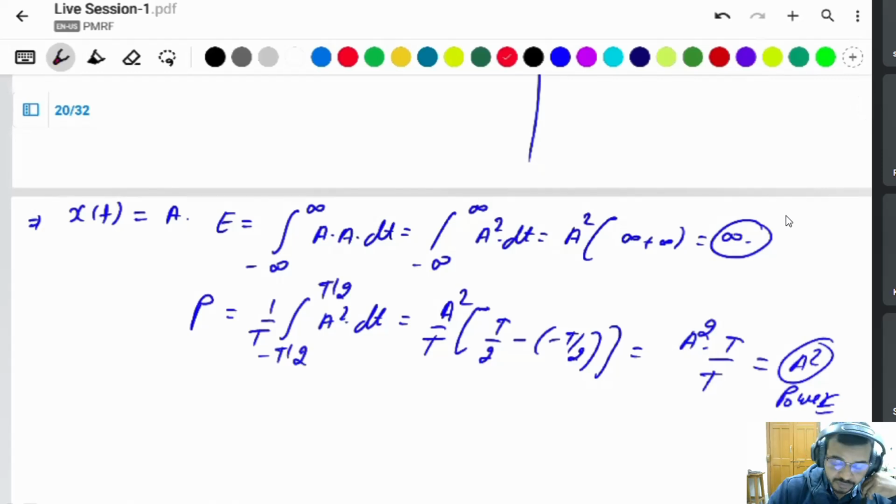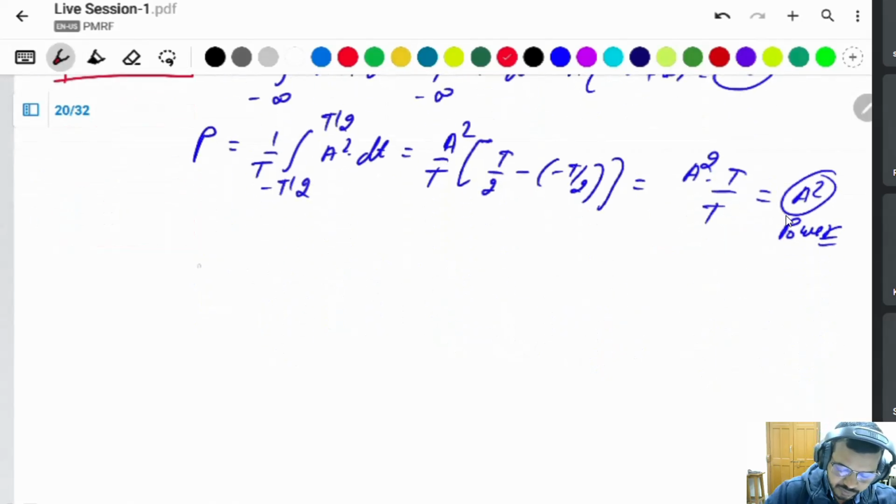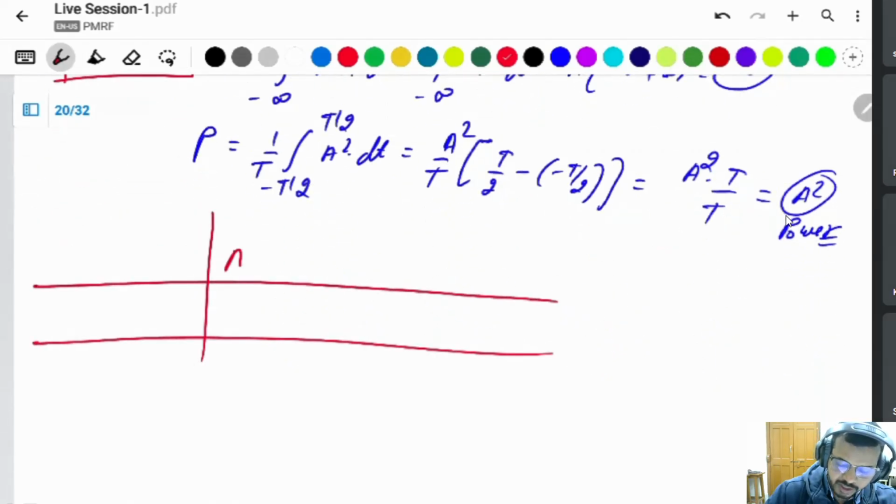It means any constant has power. Any constant, it means what? A is there, from minus infinity to infinity. This is also a bounded signal, you can say.